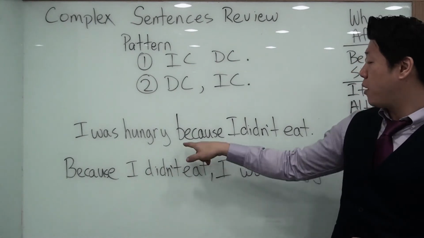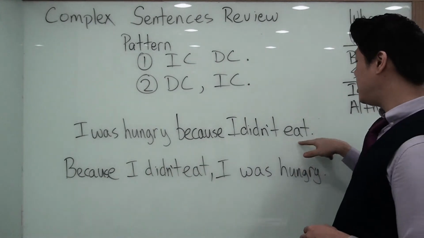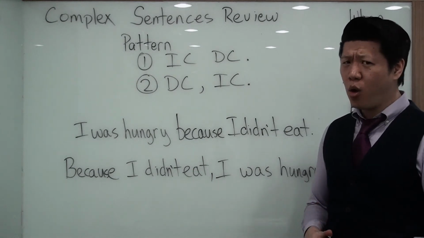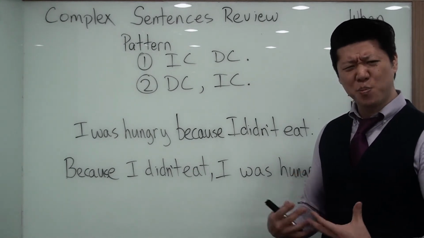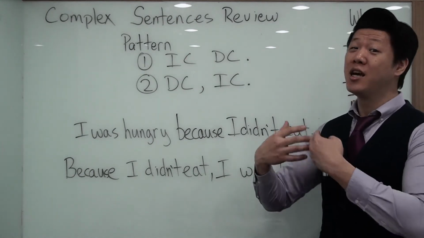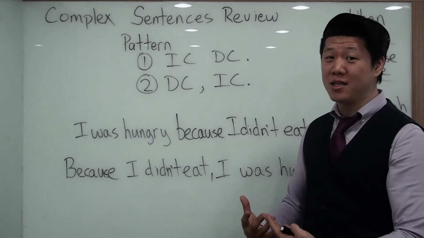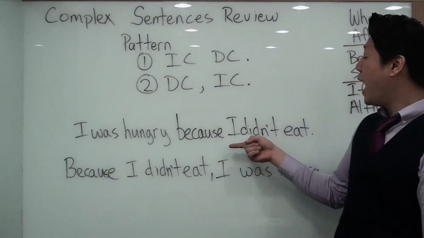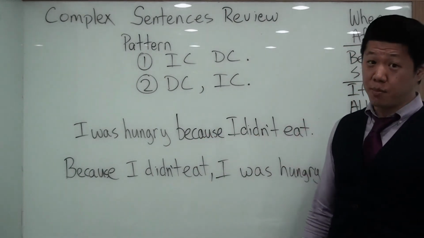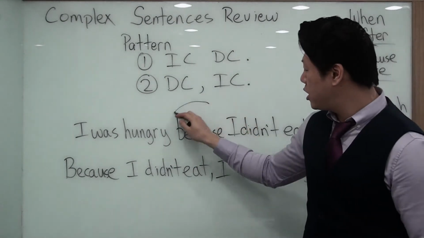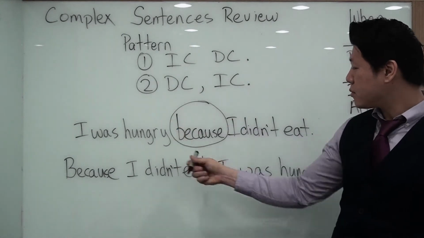If you look at this part, because I didn't eat, is that a complete thought? No. We haven't explained anything about it yet. You're trying to tell me something happened because you didn't eat. But this is not a complete thought. I didn't eat is a complete thought, but this marker, because, makes it incomplete. So this word is our DCM.